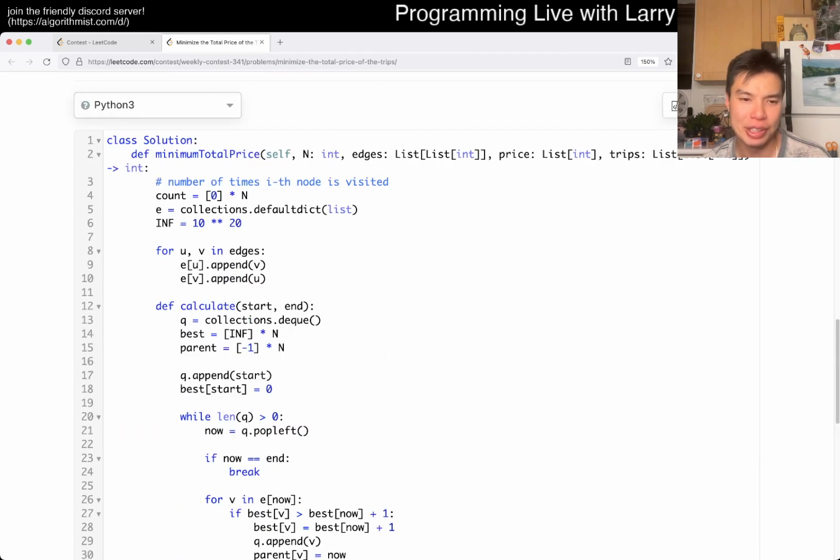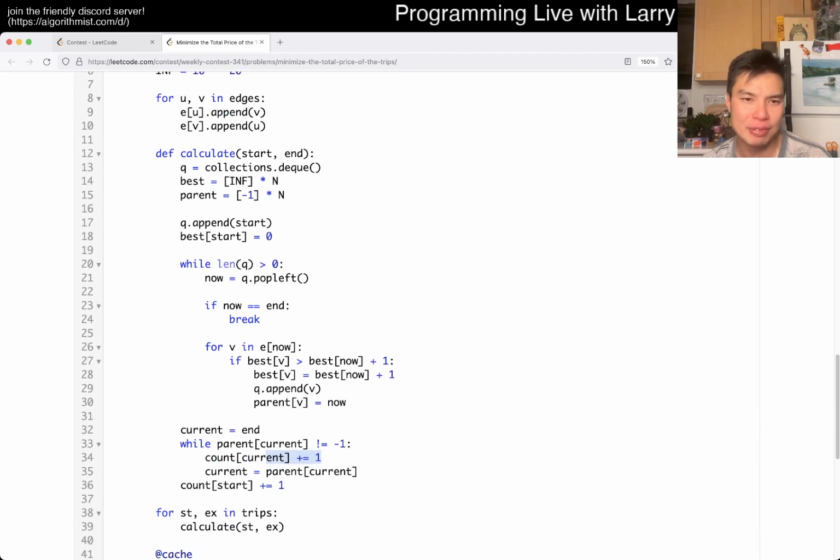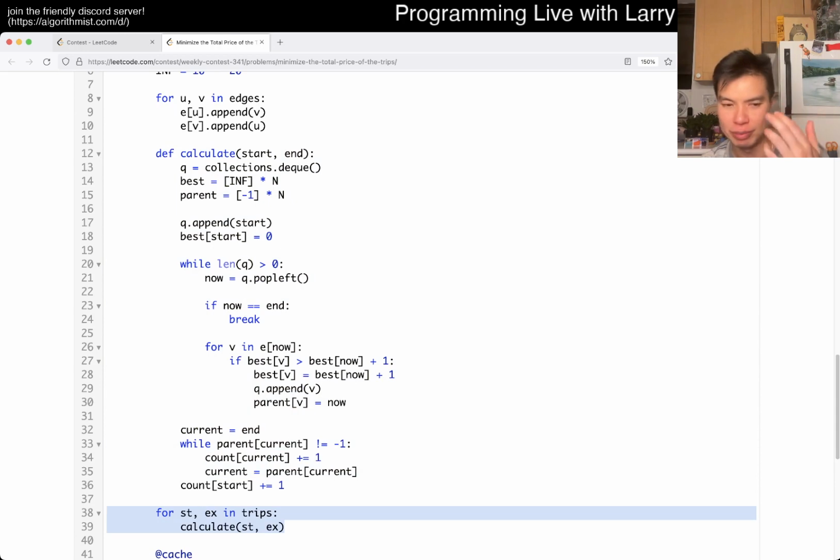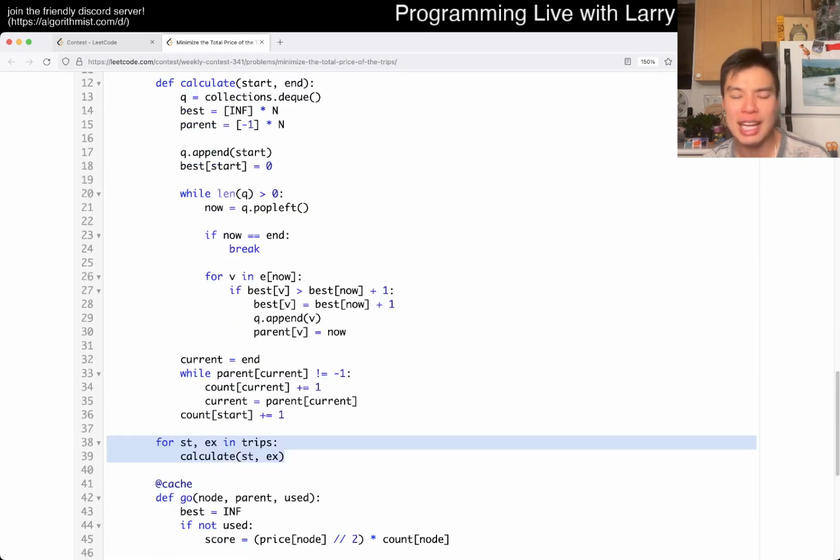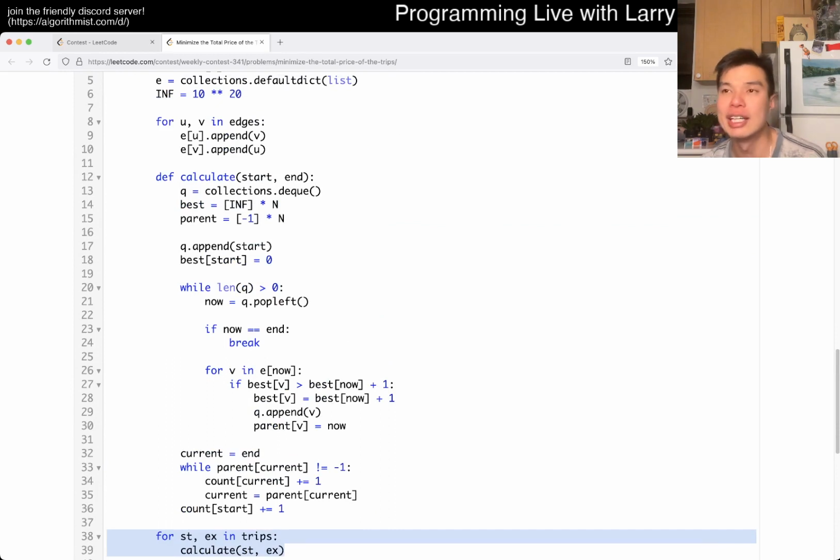So that's the calculate function. And for each trip, we do a calculate on that trip going from start to finish. Note that because this is a tree, the shortest path is going to be a unique path, without revisiting nodes and stuff.